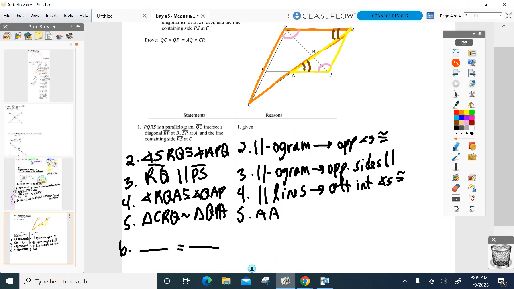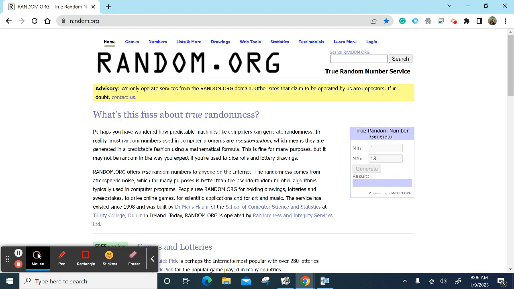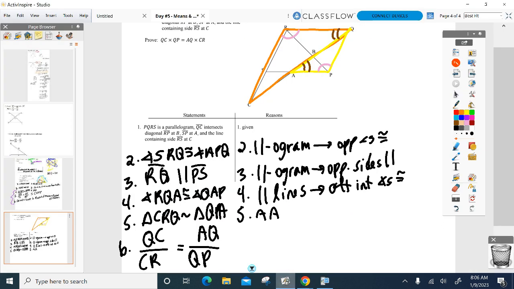Can I get your proportion? I did QC over CR. Then AQ over QP. QC times QP. All right, looks good to me, as long as you're cross multiplying what's in the proof statement. And why are the sides in proportion? CSSGP.